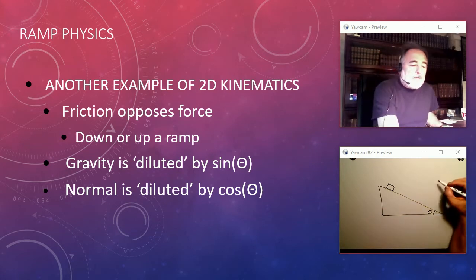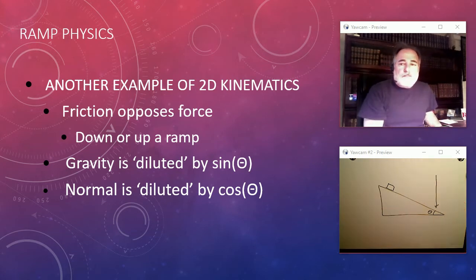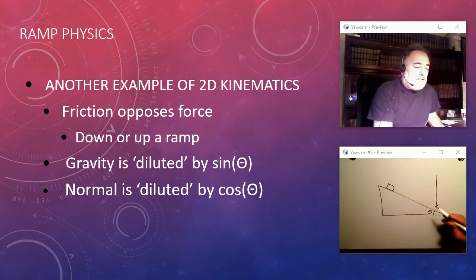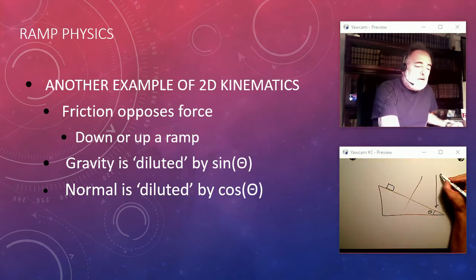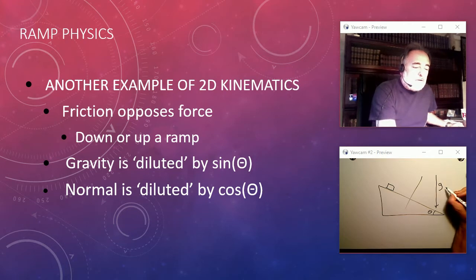Now, if we were coming straight down, you can look at this as a tilting of our axis. If we were coming straight down, it would only be under the influence, like free fall, of gravity, 9.8 meters per second squared.